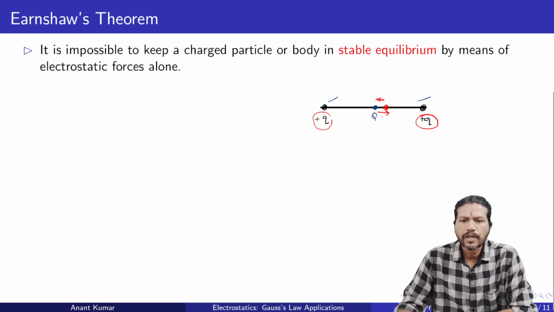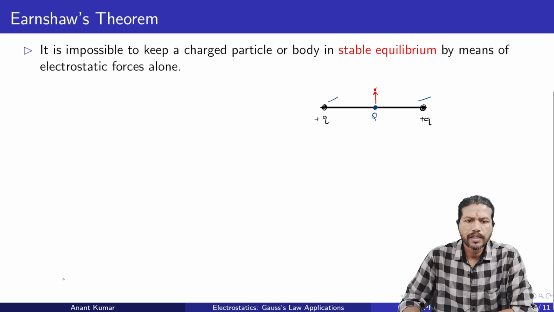However, what happens when I disturb the middle charge not along this line but perpendicular to this line? For instance, if I displace this point charge q slightly above, so it comes over here now.